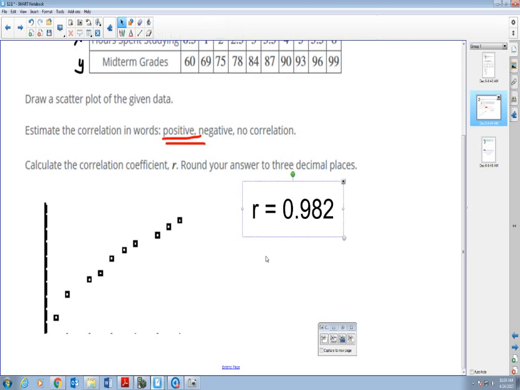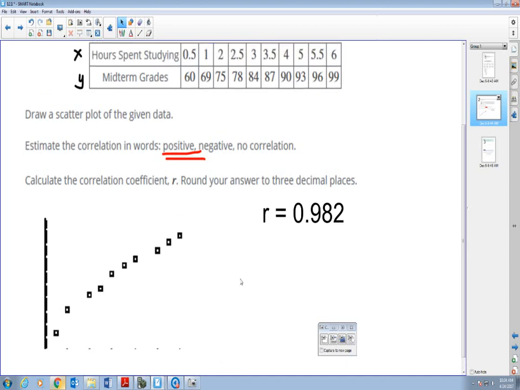So that means the strength between the X and Y variable is about 98.2% strong. So this thing basically has a very, very strong relation. The closer to 1, the better.